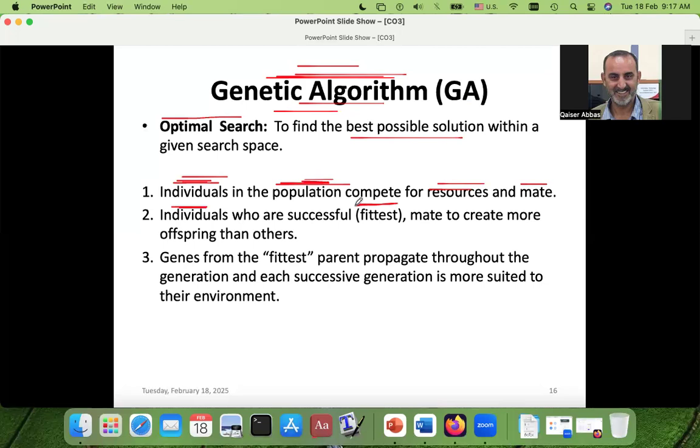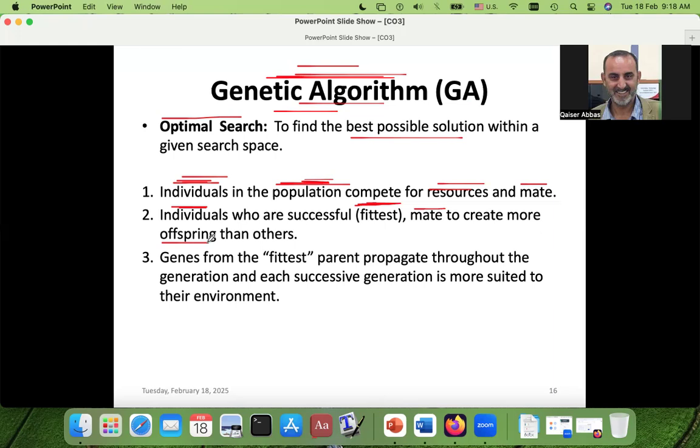Yeah, survival of the fittest. That is again the theory of biology. So only those individuals will be successful in this algorithm who are fit, and only those fit individuals will be allowed to mate next, to produce the next generation, or the next offspring. We are the offspring of our parents, okay?